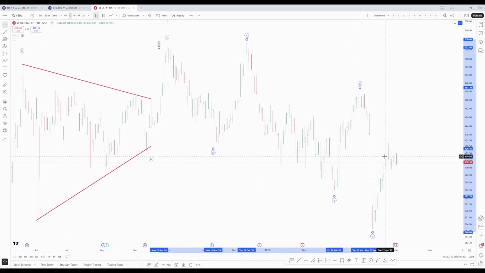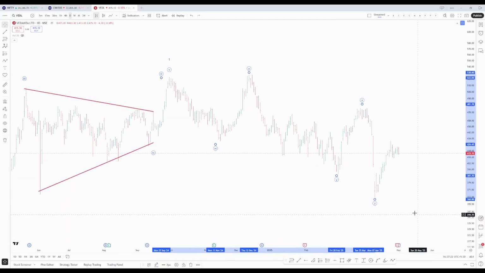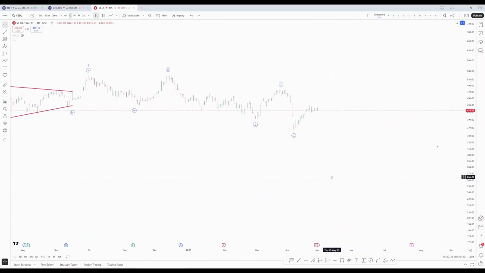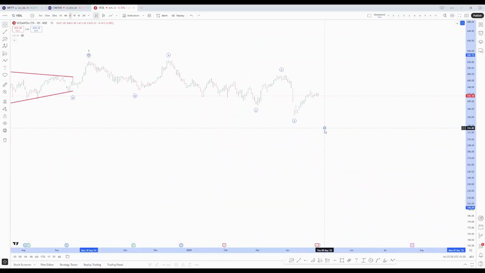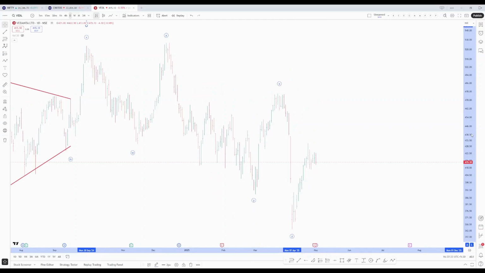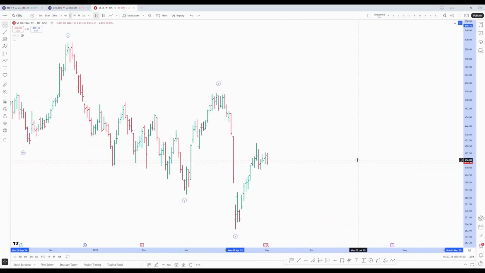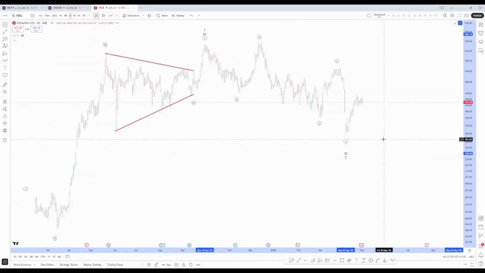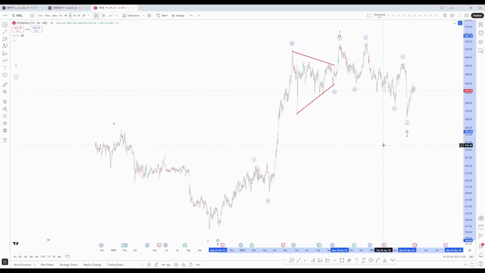That would also mean that this wave 2, where is the 2? Okay, here. That wave 2 is likely complete here, and we can anticipate more upside.